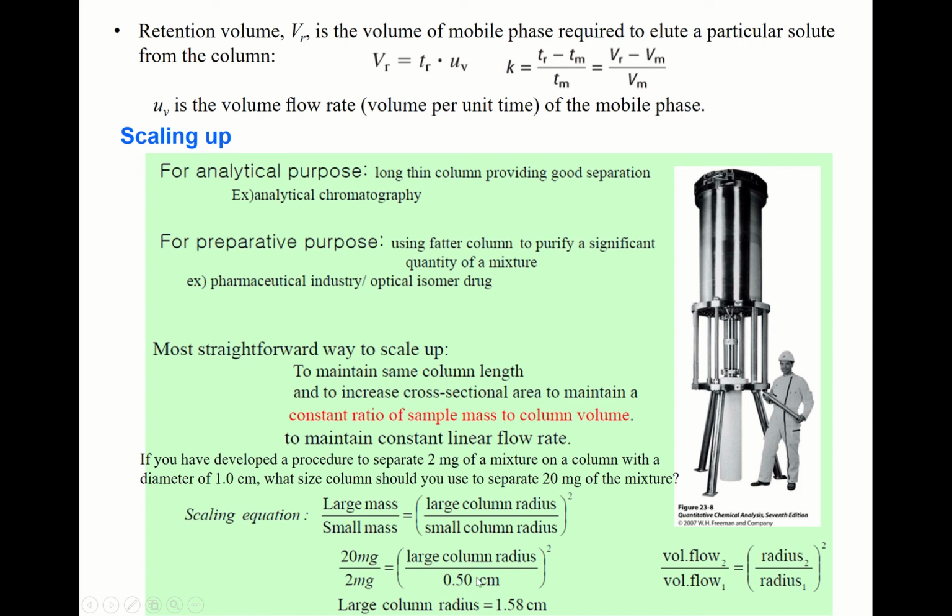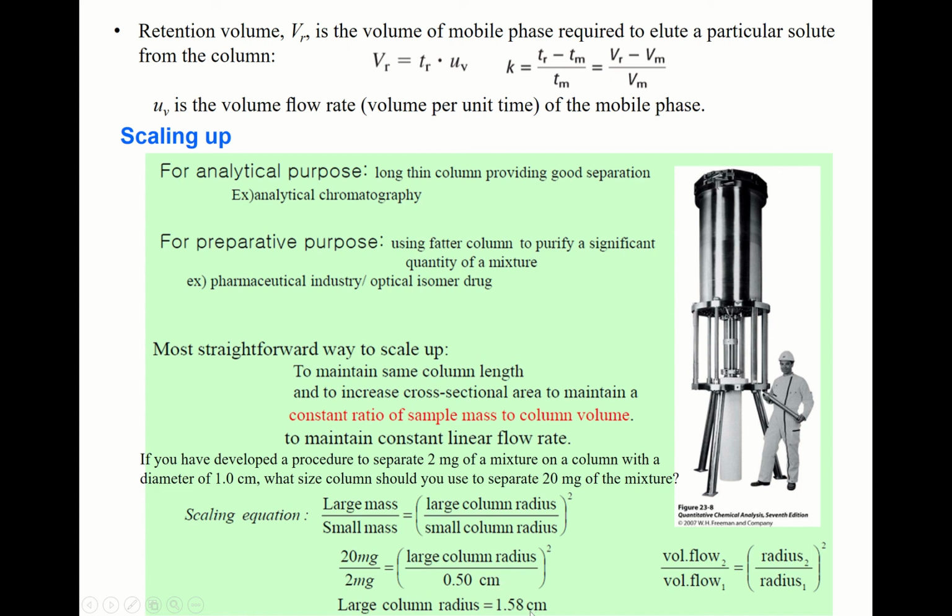That's the diameter, so you want to calculate the large column radius, radius or diameter. And then we solve this one, and you get a large column radius of 1.58 centimeters, a little bit more than 3 times larger.